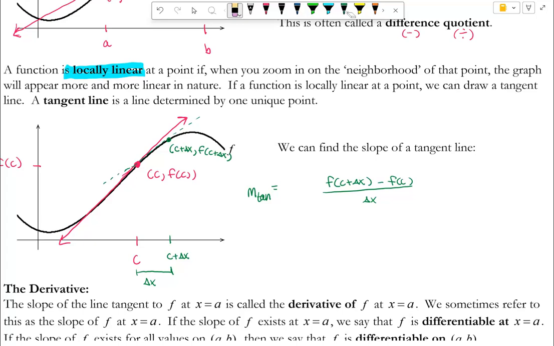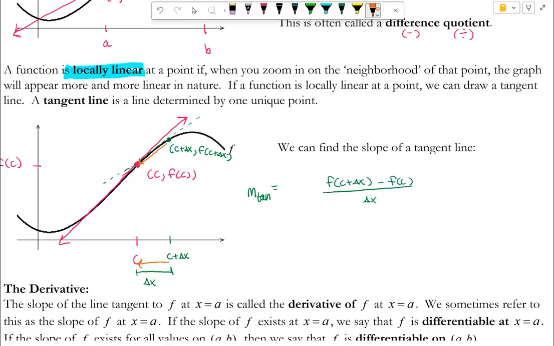Now again, this is not yet the slope of a tangent line. So what we need to do is move this point to be as close as it can be to really be laying on top of our original point C. And if those 2 points are on top of each other, we'll get the slope of a tangent line. So to do that, that means we need to make delta x approach 0.